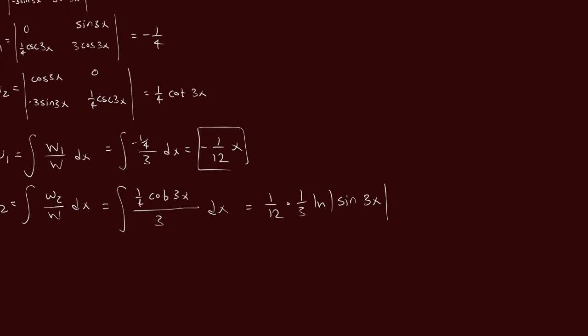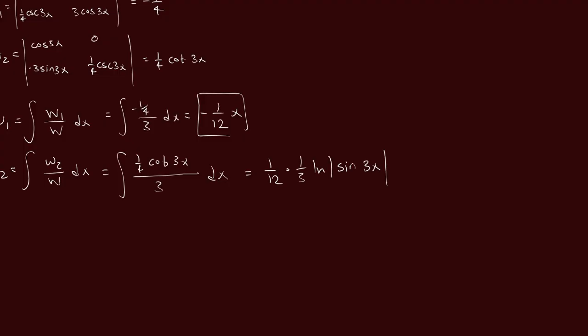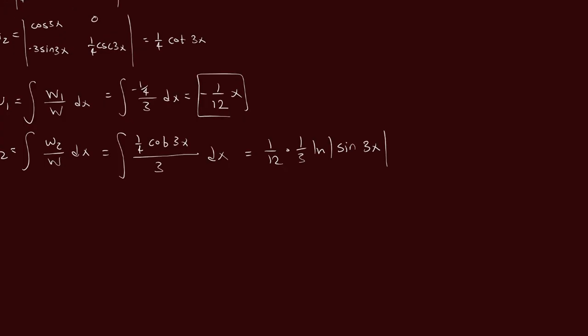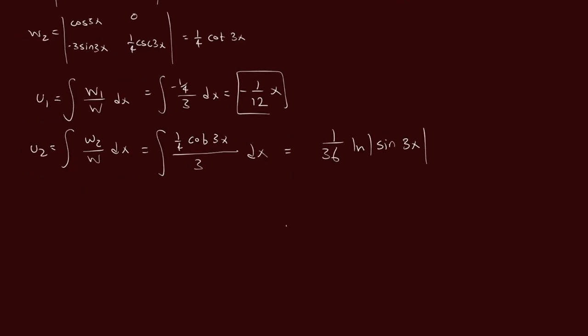The reason for this is that if we were to differentiate this, we get 1 over 3 times 1 over sine 3x times the derivative of sine 3x, which will be 3 cos 3x. The 3s cancel out, and this part is just cot 3x. So this whole thing is pretty much just 1 over 36 ln of sine 3x.